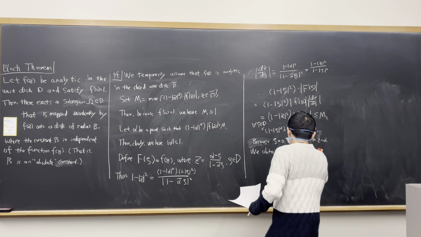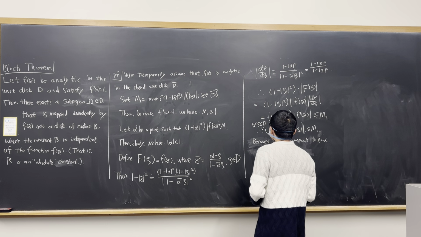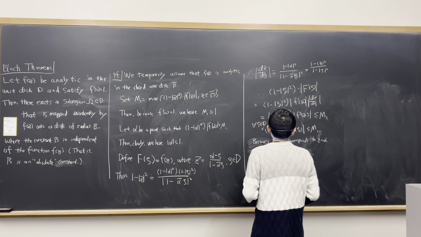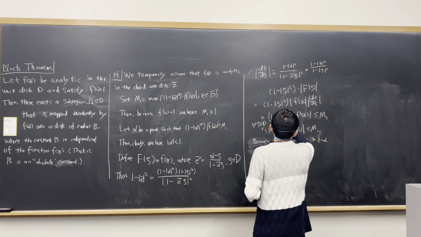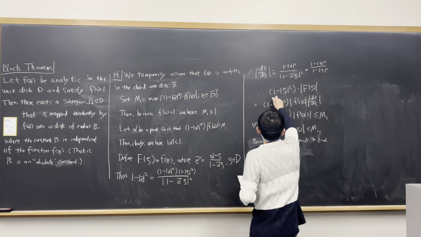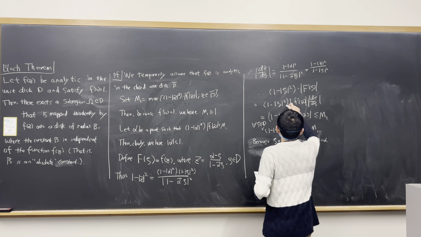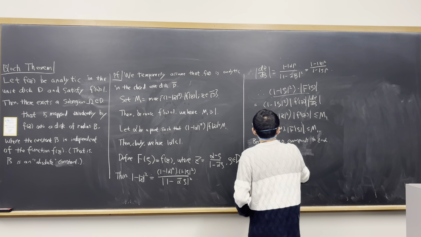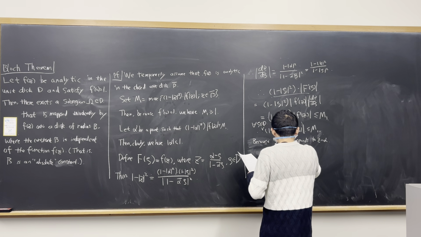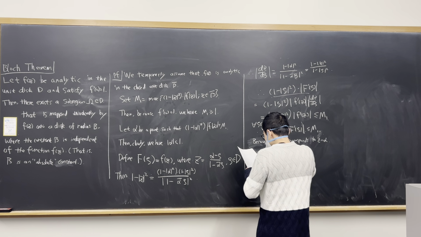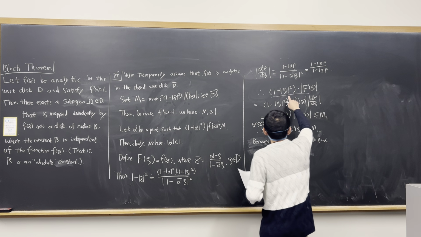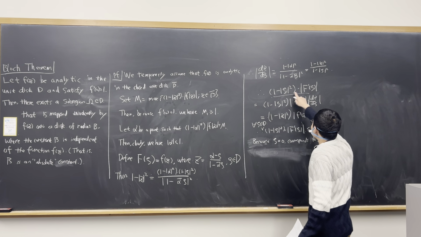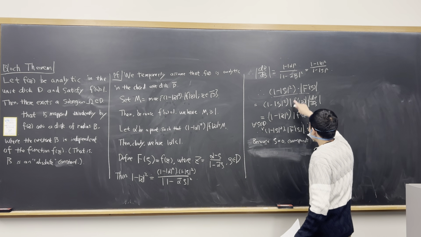So I should be using this relation. Basically, when zeta equals 0, you just look at this one and this one.